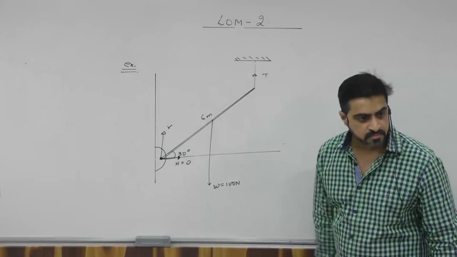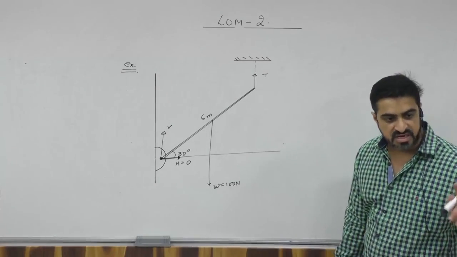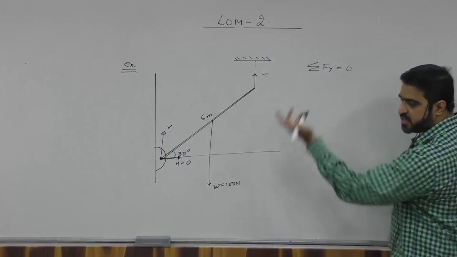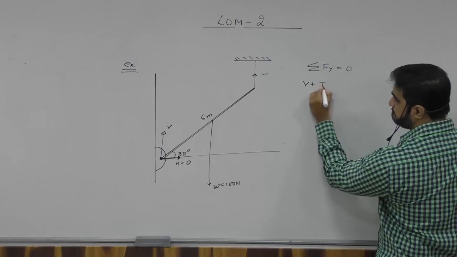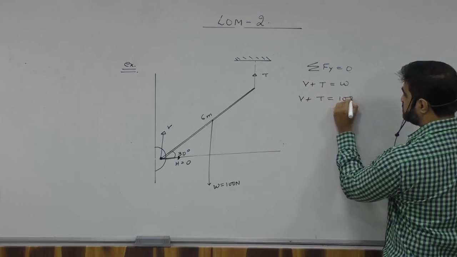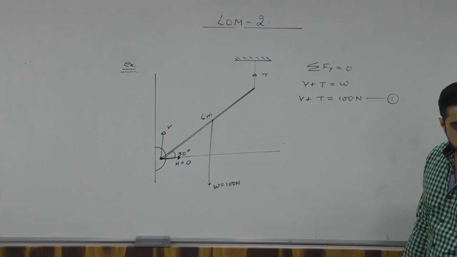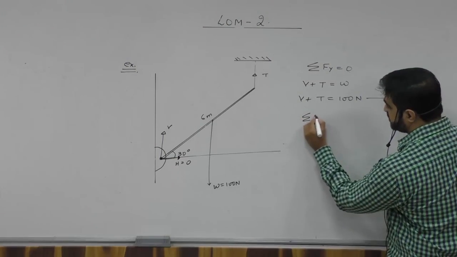Up is equal to down. So what will the first equation be? Up is equal to down, that is summation of Fy is 0, Fx is gone. Fy is 0 means I can say V plus T is W, which is 100. Right or not? Yes or no? Second, summation of torque is 0.